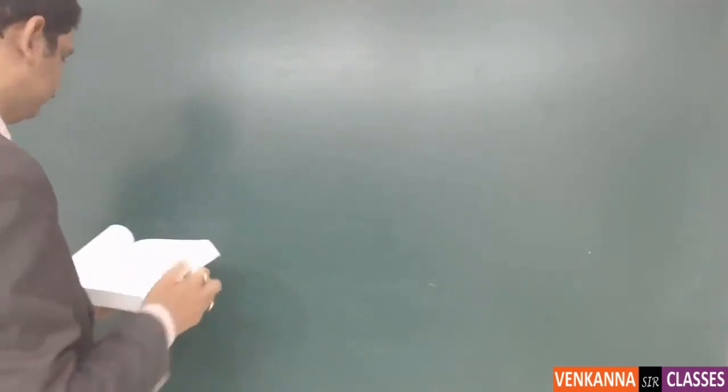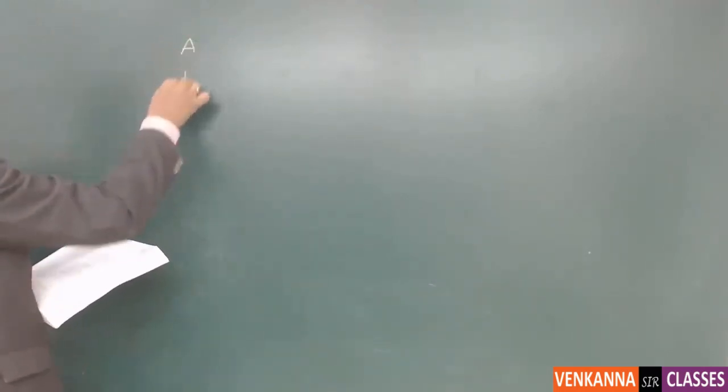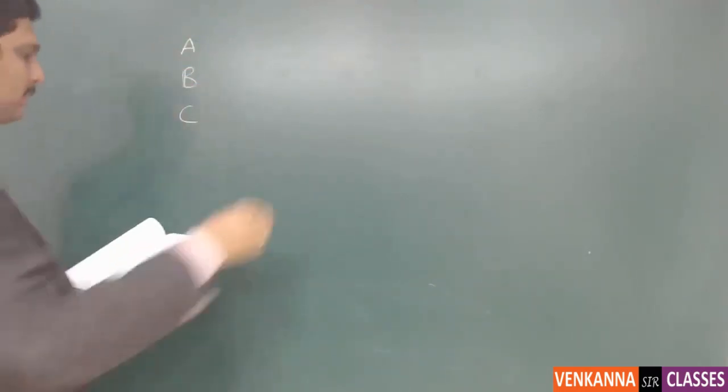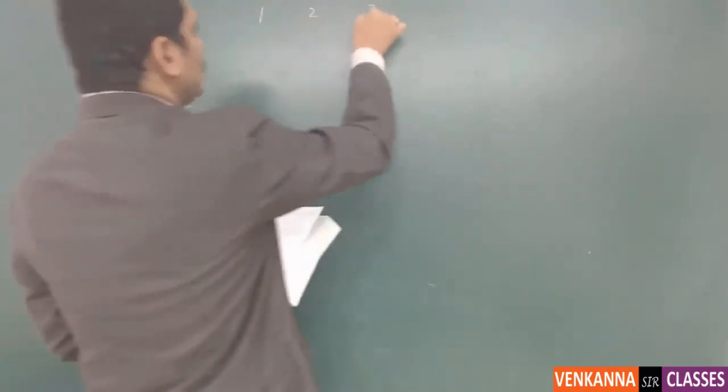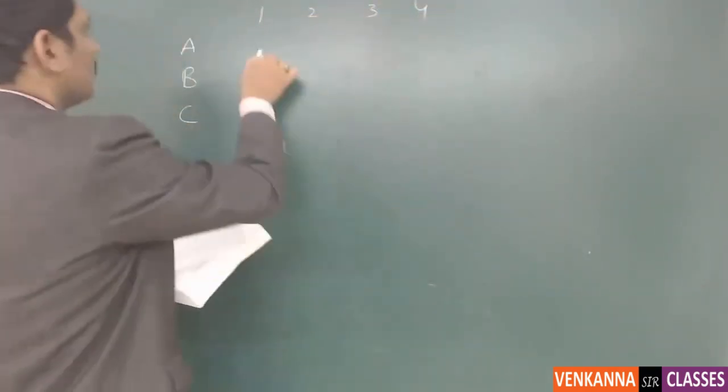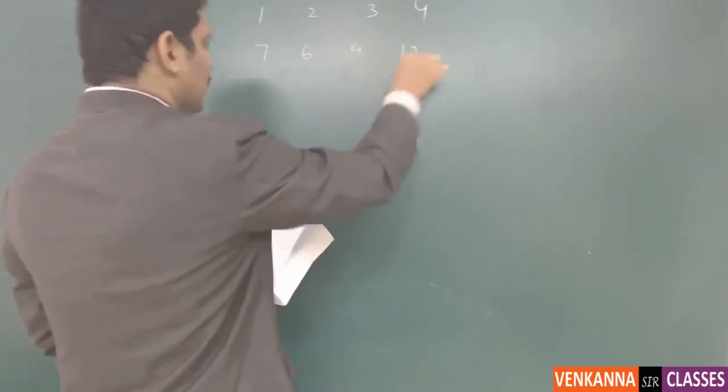Right? So other thing is, you have asked about one degeneracy problem, right, in transportation one, which you have asked. So this is the problem actually given. Garages A, B, C, and you have 1, 2, 3, 4, 7, 6, 9, 12.